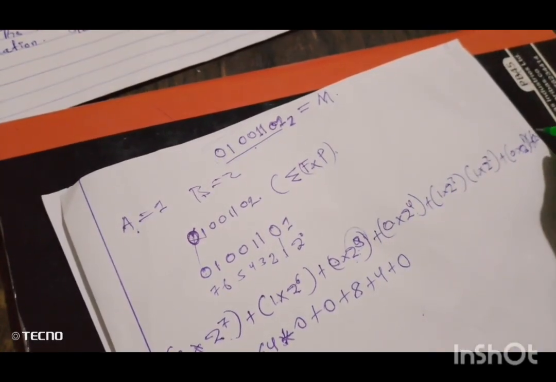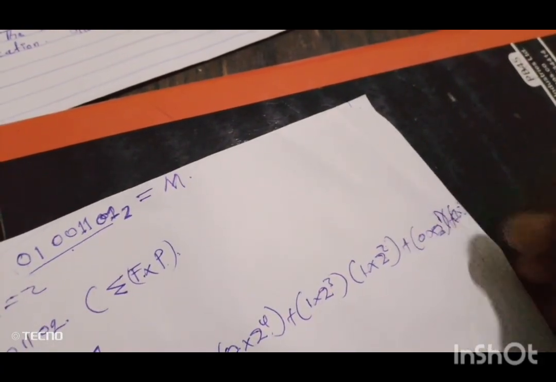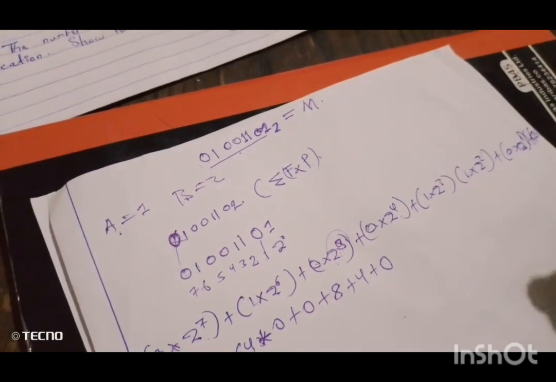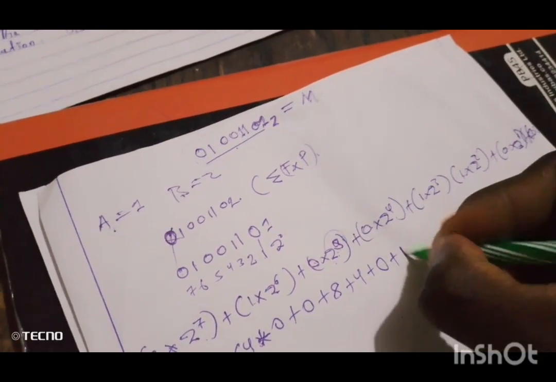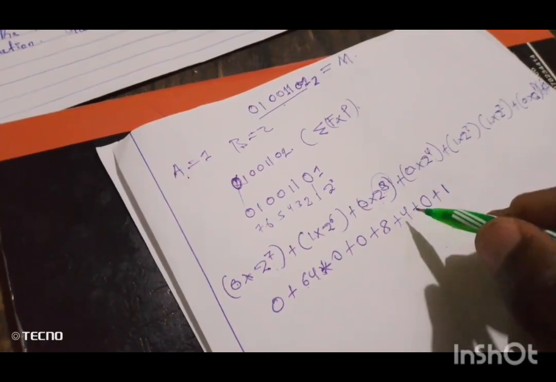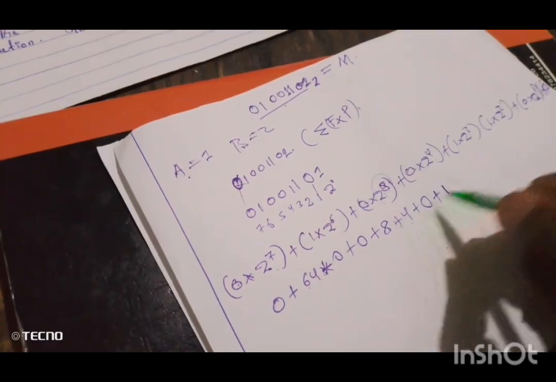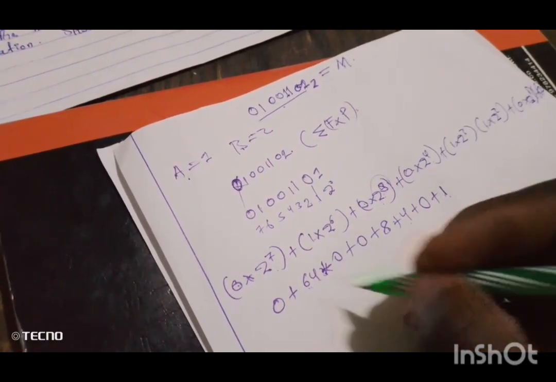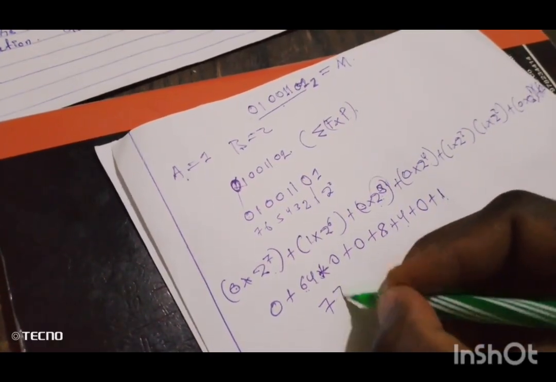And then 1 times 2 to the power 0 here. I know it's not clear because I was writing big things and I forgot about space. But 2 to the power 0 is 1, so it's plus 1. Adding these numbers together, we have 64 plus 8 plus 4 plus 1, which gives us 77.